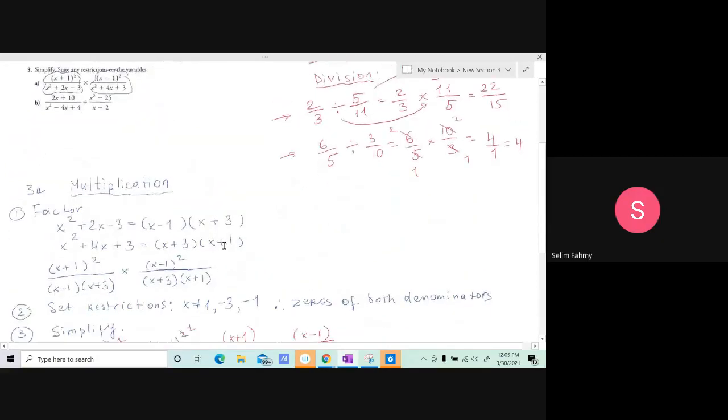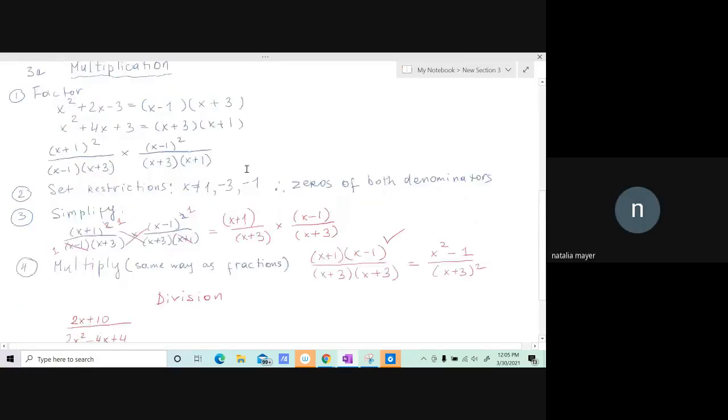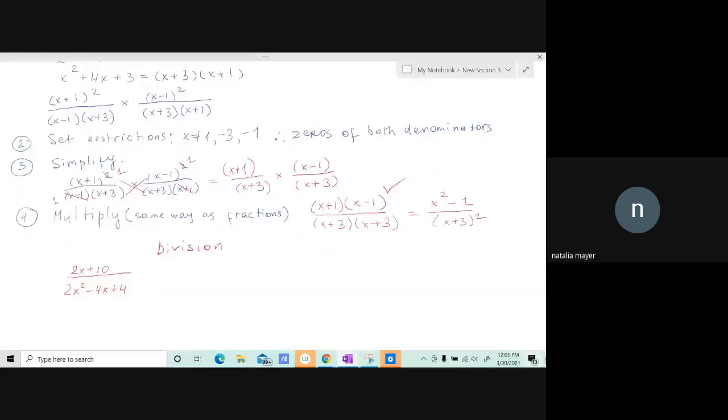Miss, I have a question. When you said you want to make it look nicer, did you factor here? Here I wrote x plus 3, x plus 3. Instead of writing it two times, I can write it raised to the power of 2. It's not factoring, it's knowing what exponents mean.